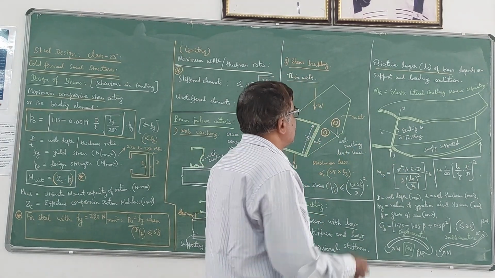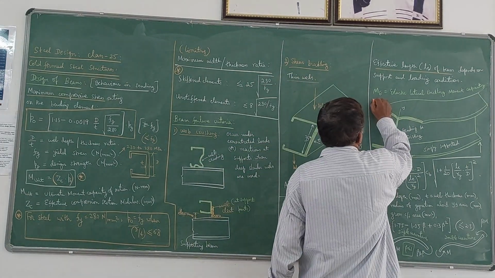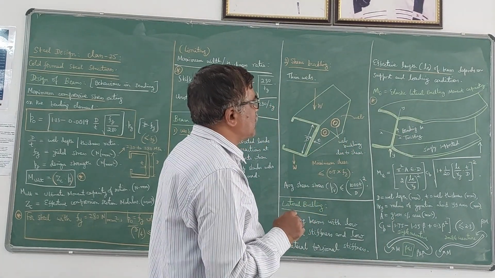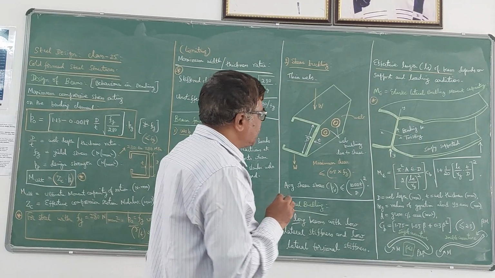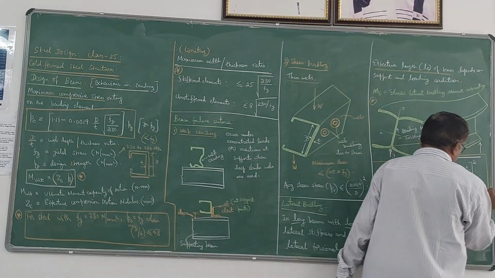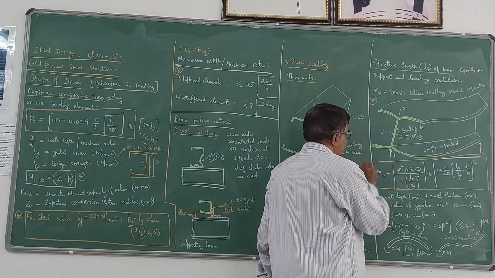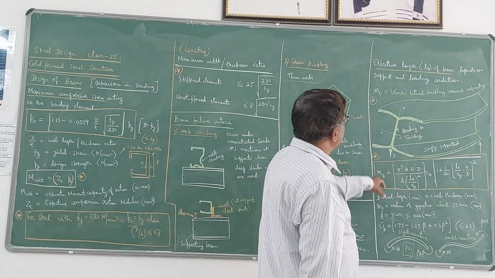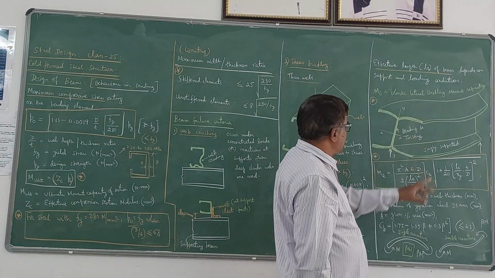In this case, we have to compute one important value of moment called ME, the elastic lateral buckling moment capacity of that section, which is given by this formula. Once again, this formula is there in the code. You should know the nomenclature of this. ME is the elastic lateral buckling moment capacity.